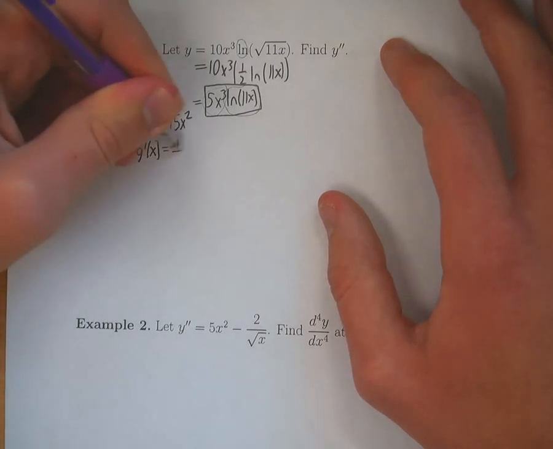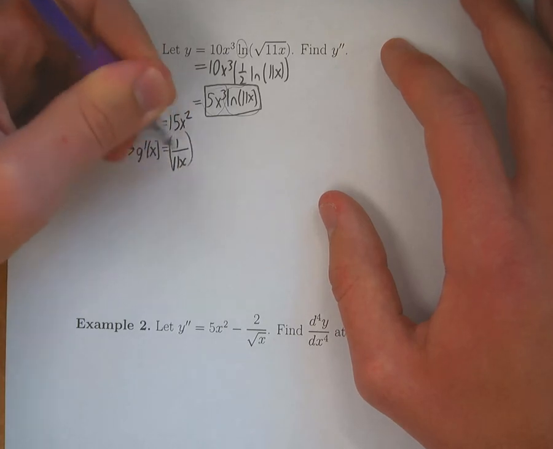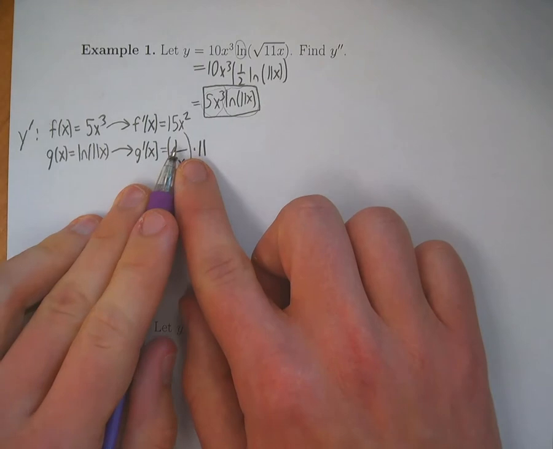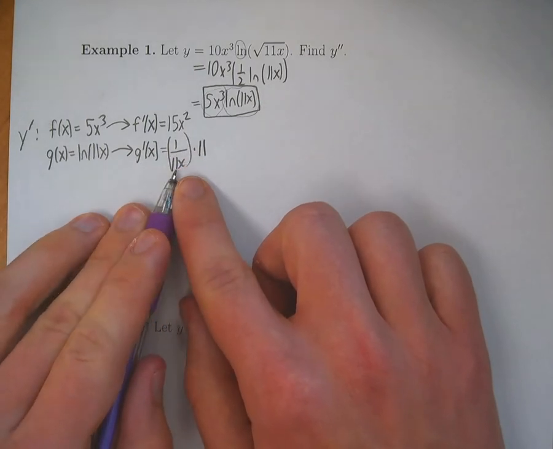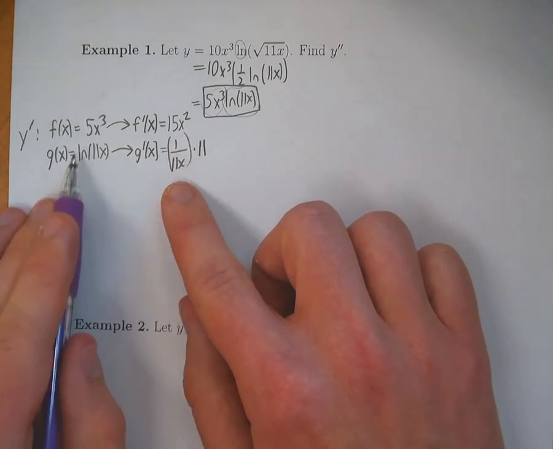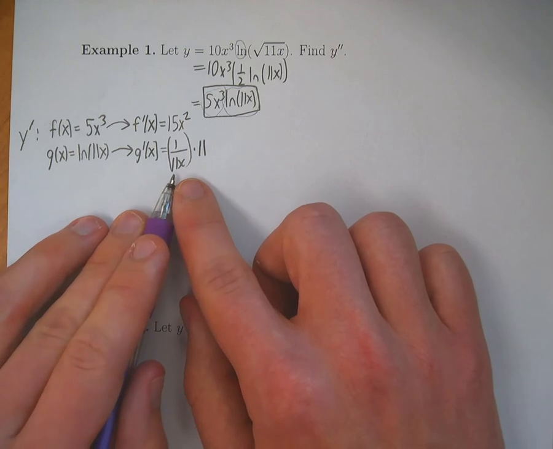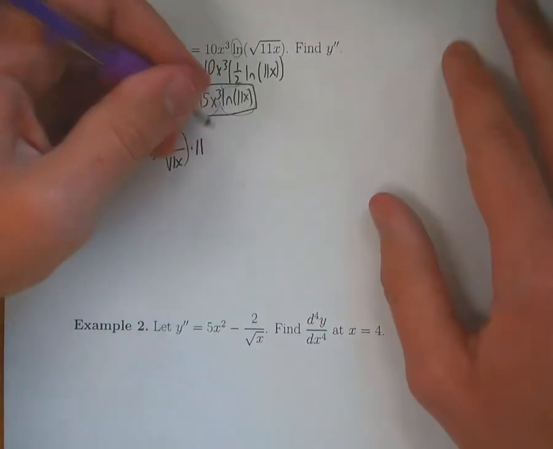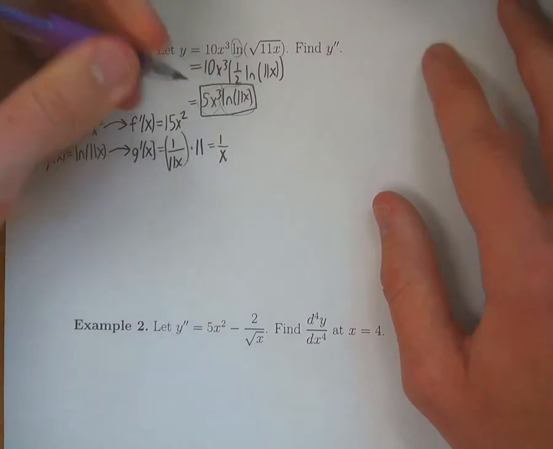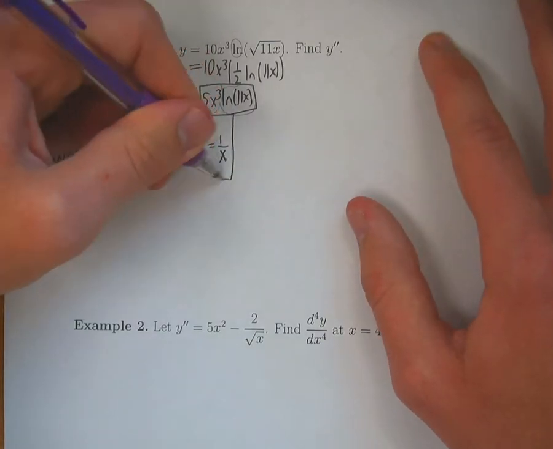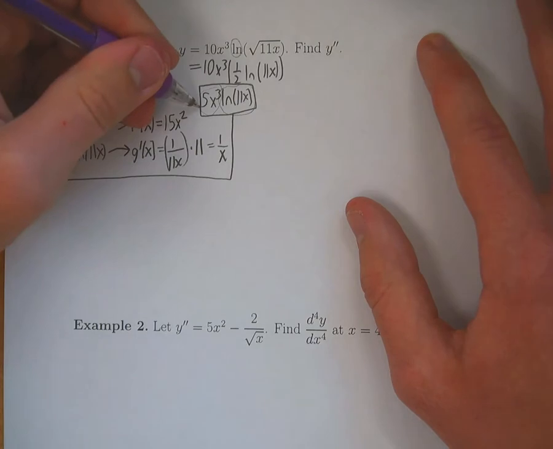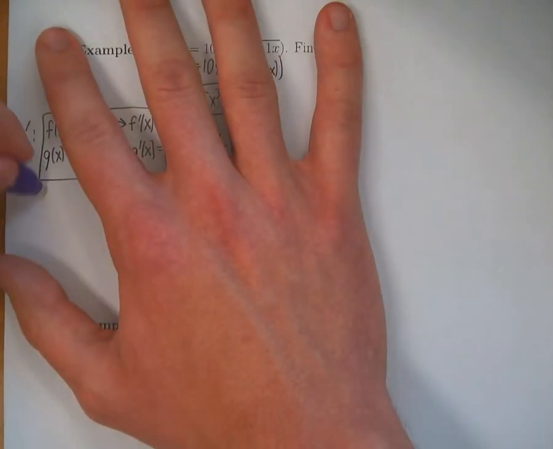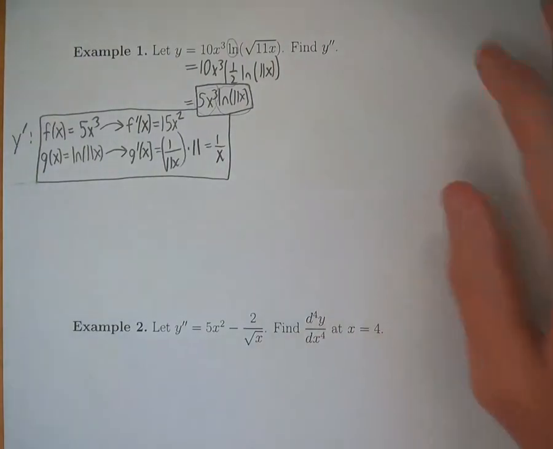So we have 1 over 11x times 11, because 1 over 11x is the derivative of the outer function composed with the inner function, and then 11 is just the derivative of the inner function. So here you just have 1 over x. Okay, good. So that is going to be your necessary derivatives for the product rule.